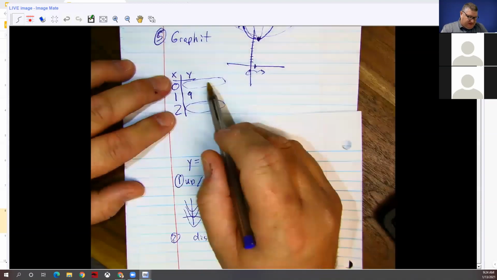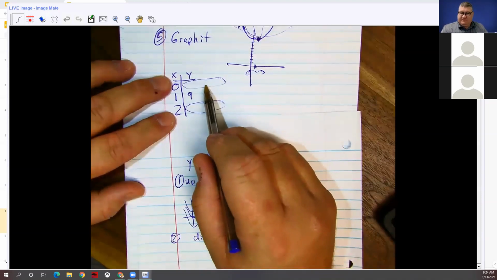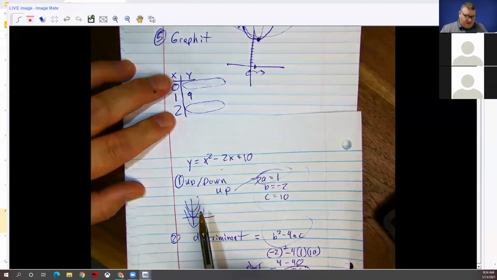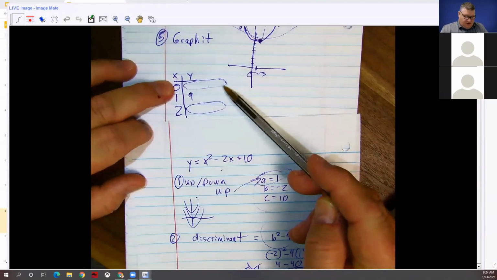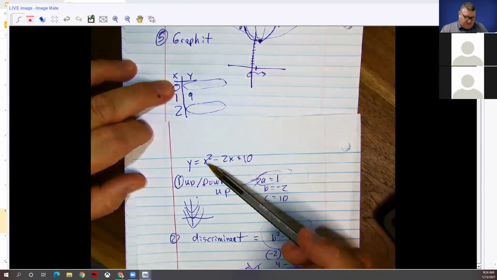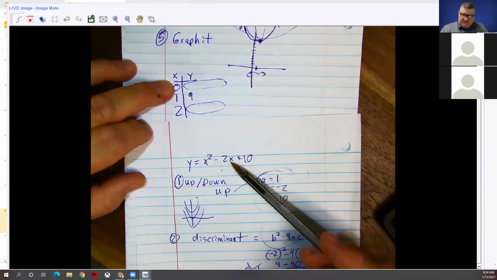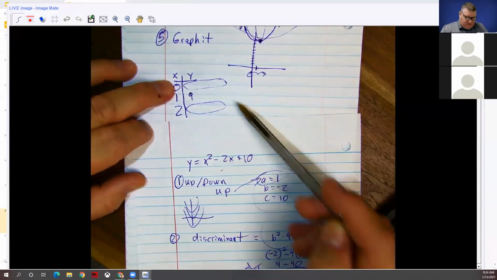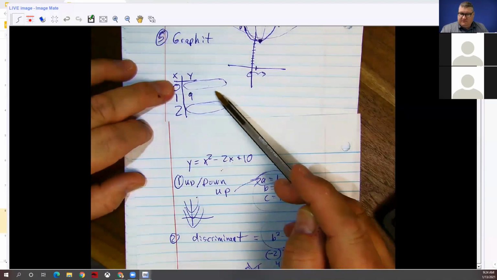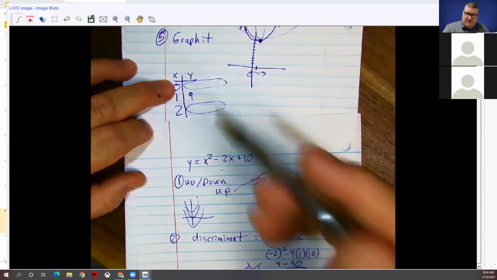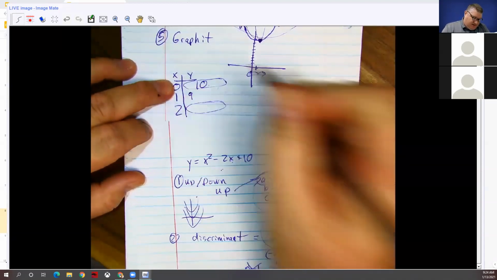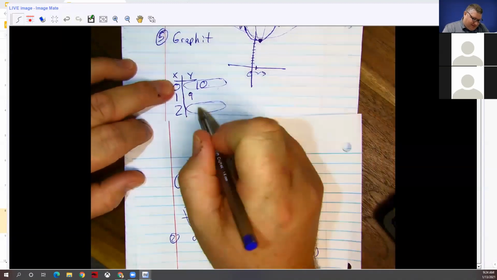Plug and chug. How come I can do this one super fast? Well, what's 0 squared, minus 2 times 0, plus 10? What's the answer going to be? 10, very good.